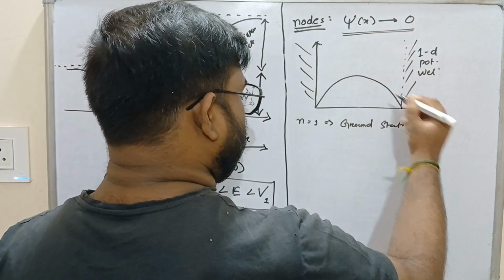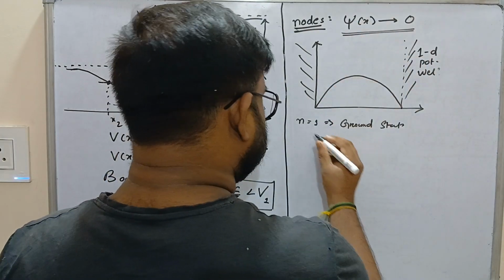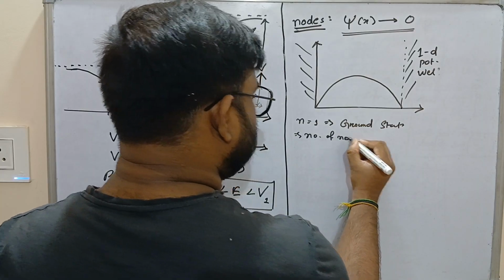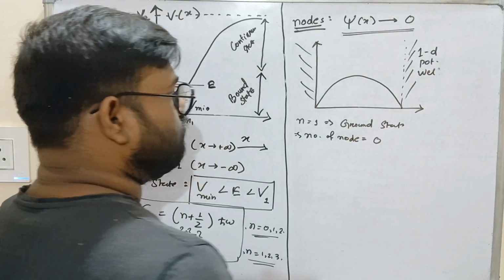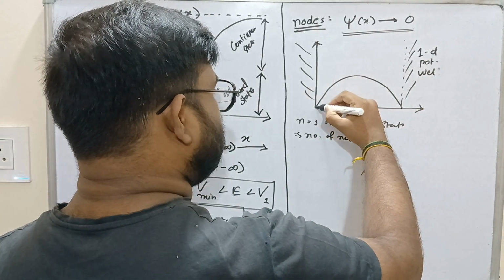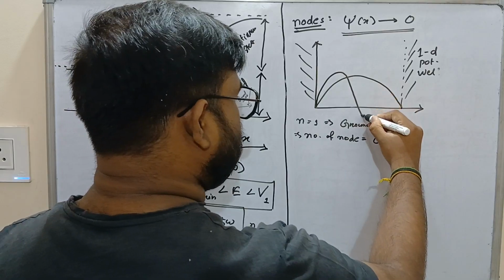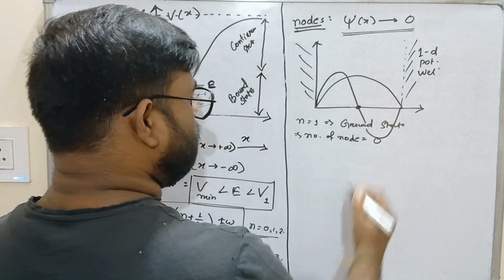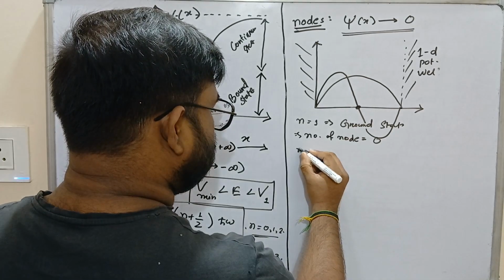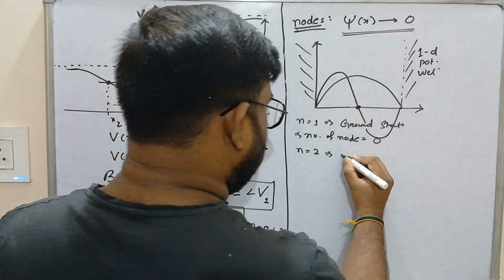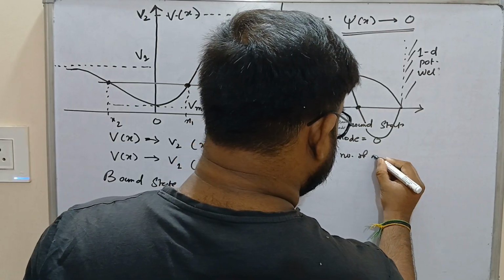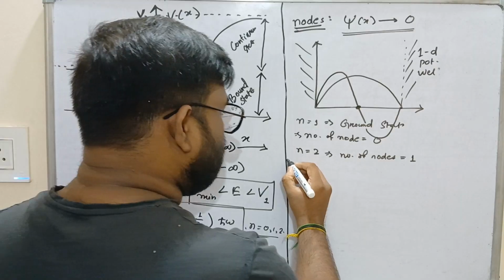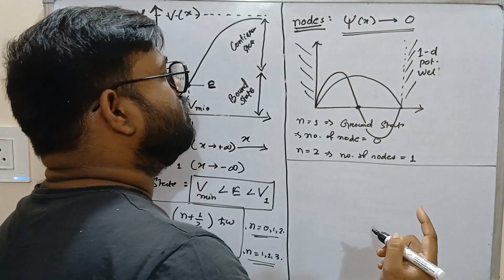So this waveform, which is your psi 1(x), has number of nodes as 0. When you draw the second state, it is of some nature like this. Here you have one node. So n equal to 2 will have number of nodes 1.